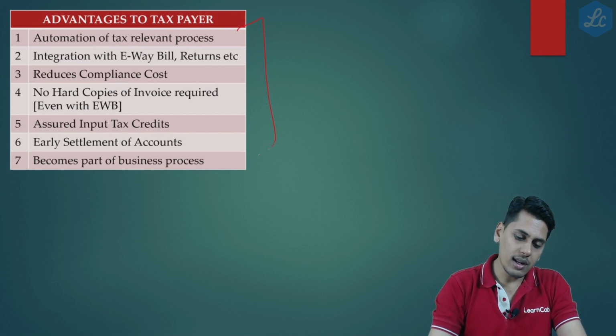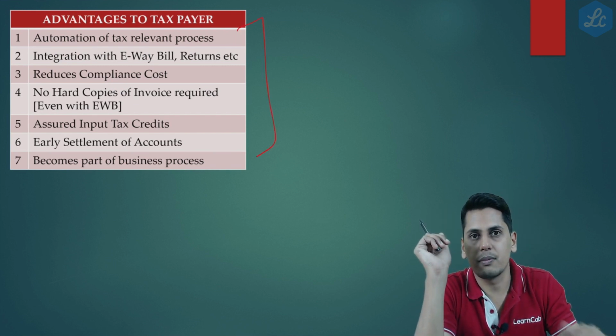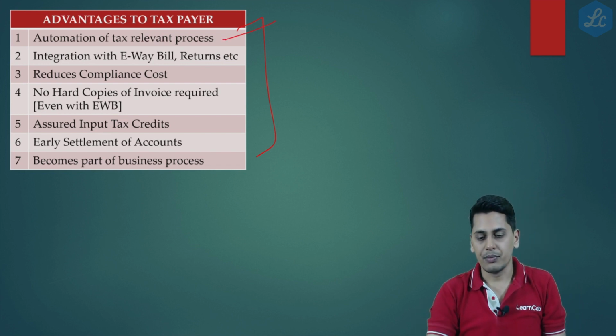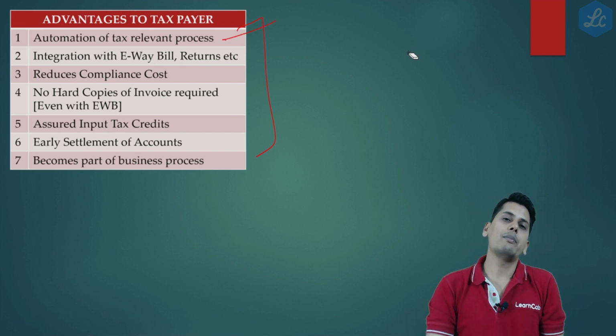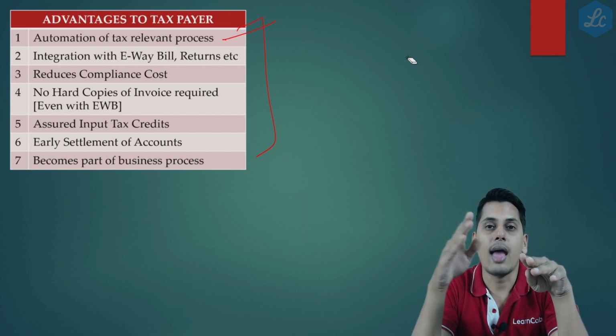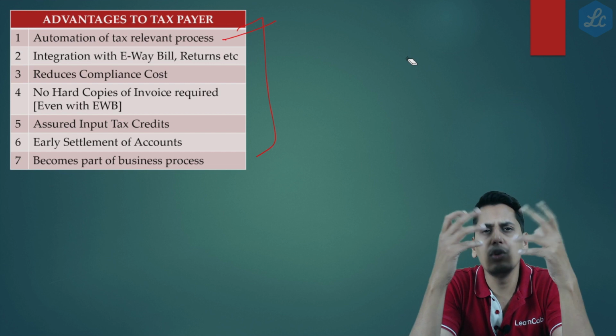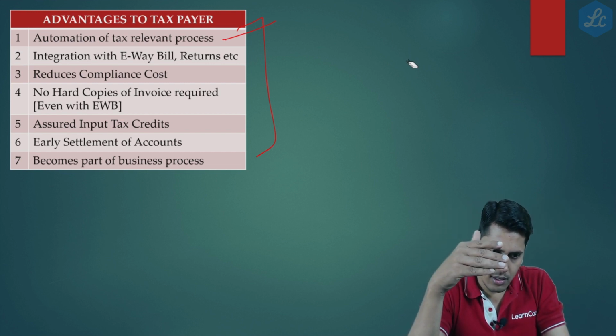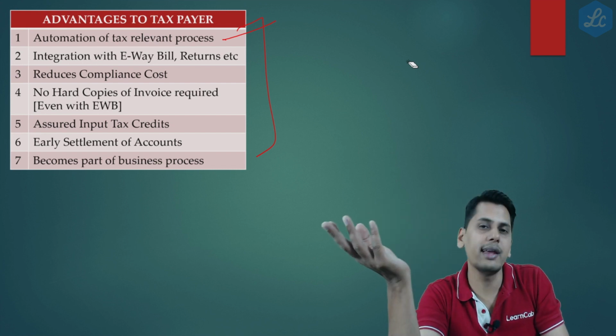Now friends, what are the advantages of e-invoice? Automation of tax relevant process. Now friends, please understand, there is always a gap between the transaction happening and the reporting of the transaction. Usually, first the transaction takes place. You make a supply, you raise an invoice, and then reporting happens.